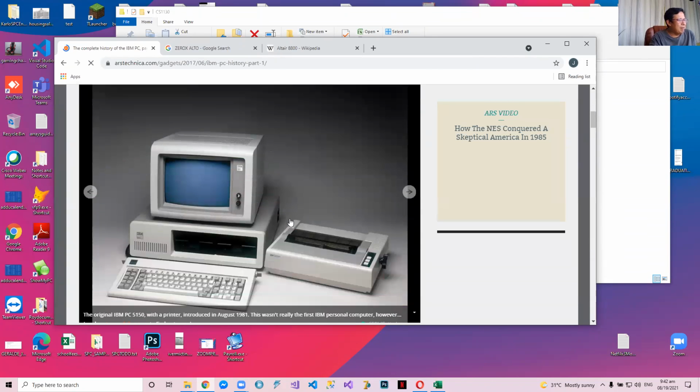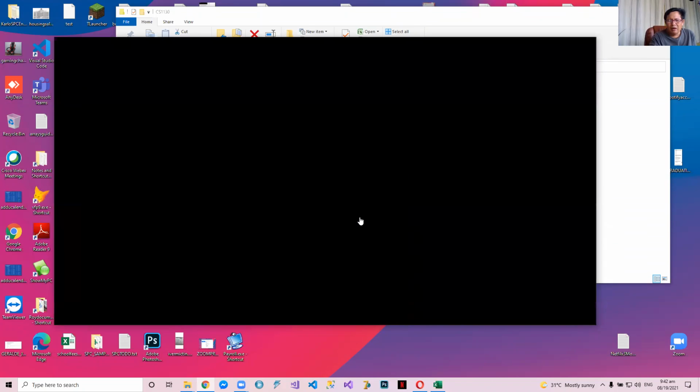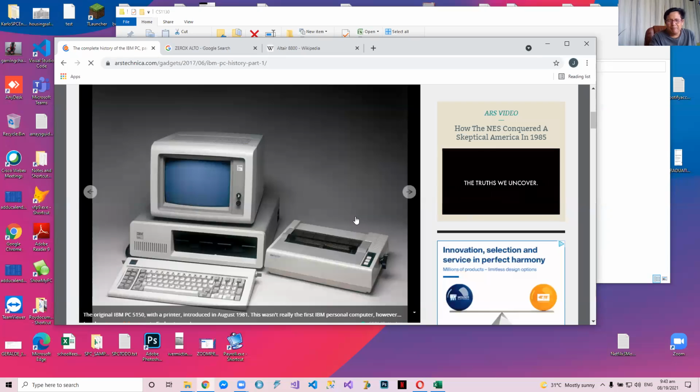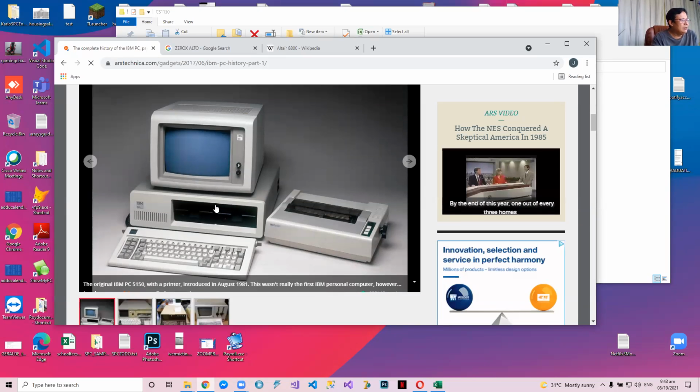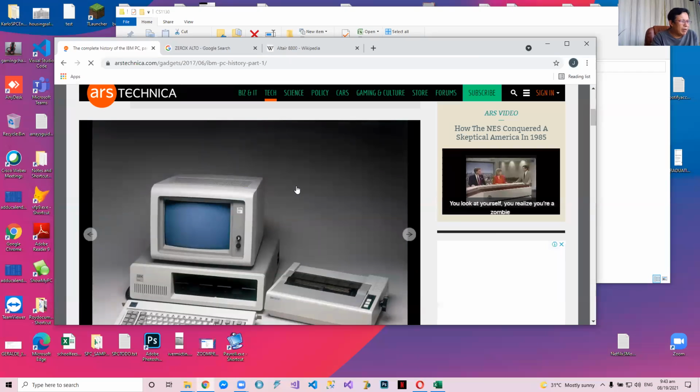By the way, during this time, no, Microsoft was already selling a programming language called BASIC. It's already even present on the Altair. MBasic, or called Microsoft BASIC, is present in 1975 in the Altair computer, and it is also popular in the Apple I and Apple II. Okay, so this is the IBM PC. This is the first. This was introduced in 1981. This is the first personal computer released by IBM.